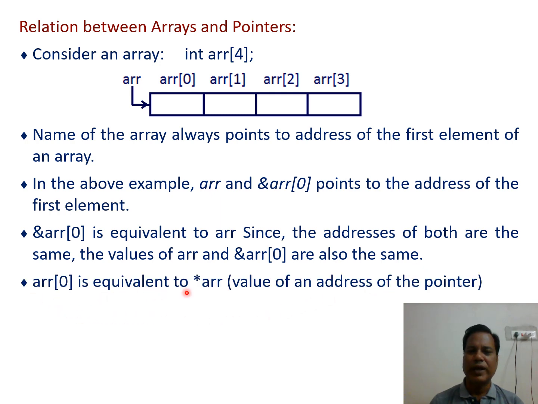ar[0] is equivalent to *ar, that is the value at the address held by the pointer.